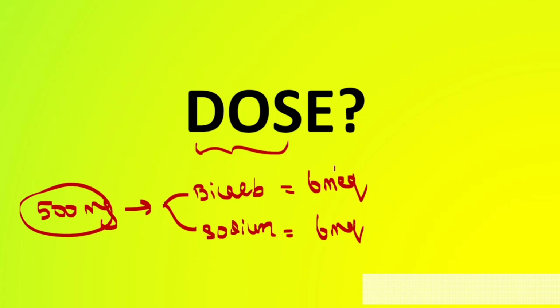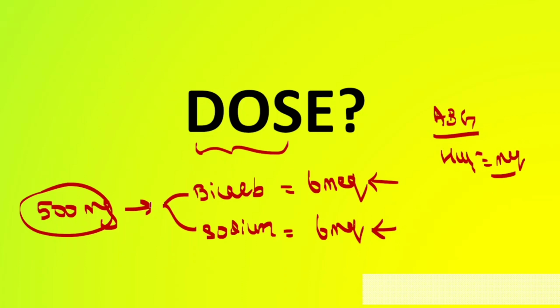In the IV formulation, the amount of bicarbonate is given very clearly, because it is given in milliequivalent. Because we are dealing with the ABG and telling the value of bicarbonate in milliequivalent, you should use milliequivalent in the dosage also.